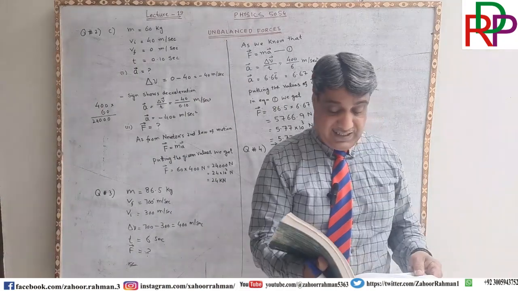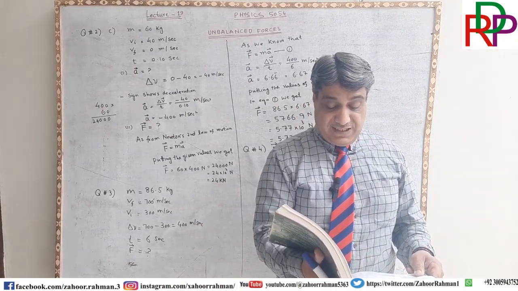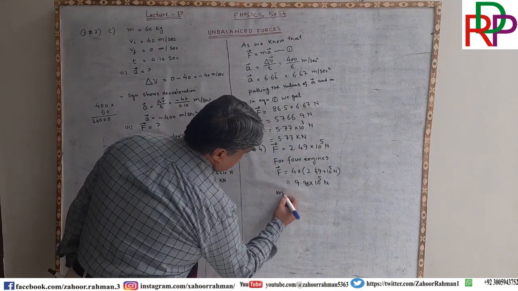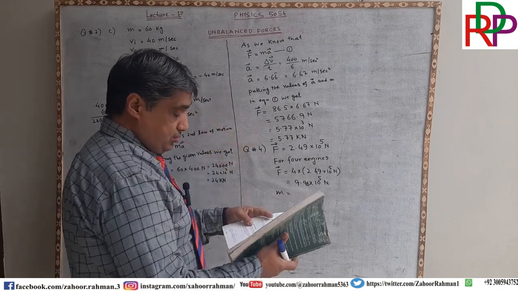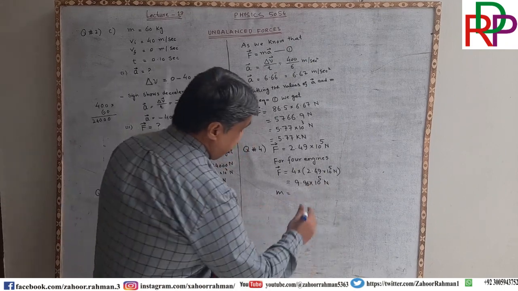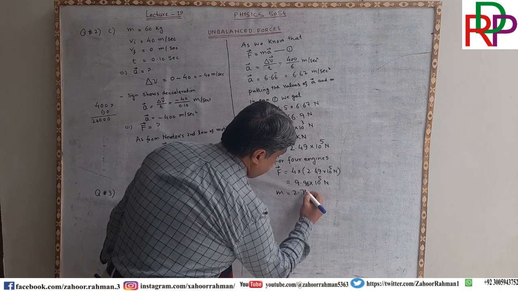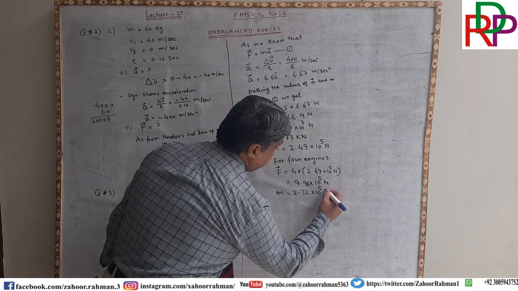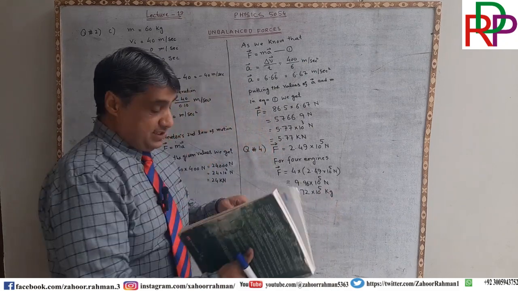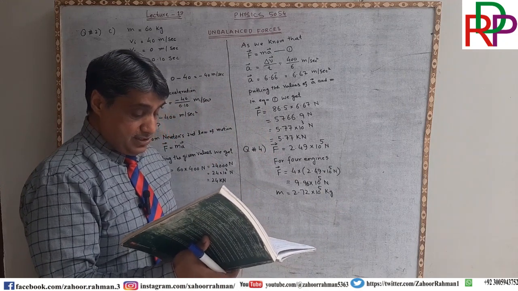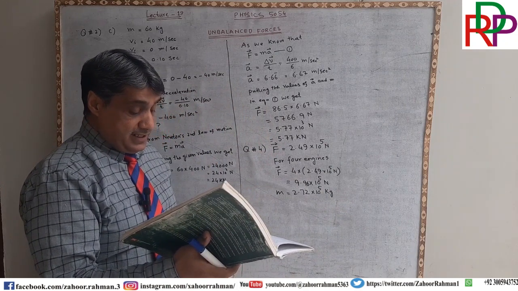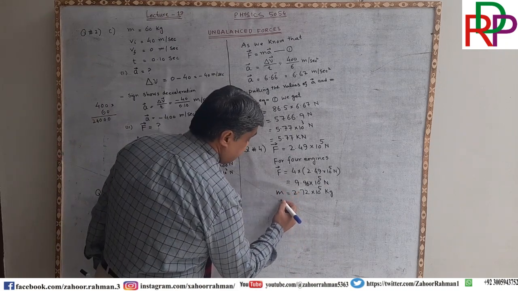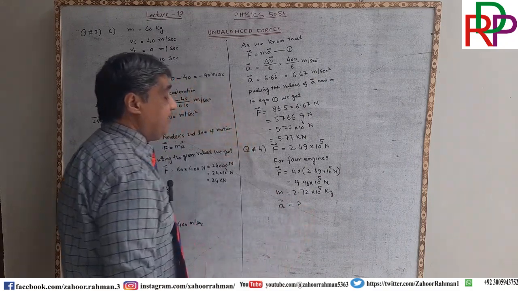What the question is saying, for four of these engines, the mass is also given as 2.72 into 10 raised to the power 5 kilogram. This is the mass of the engine. What is the acceleration at take off?